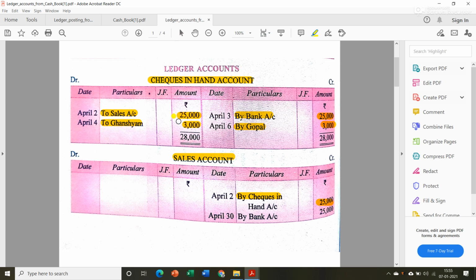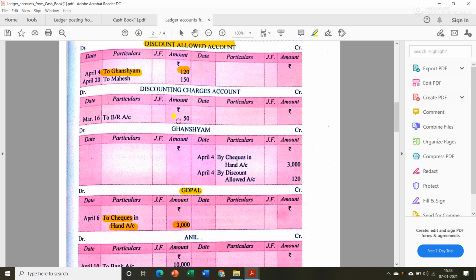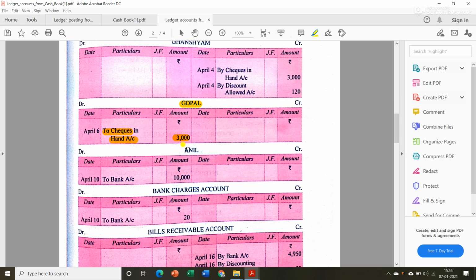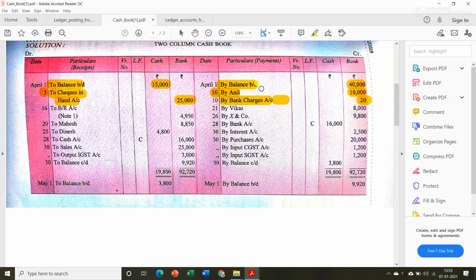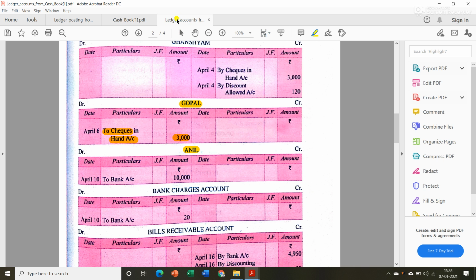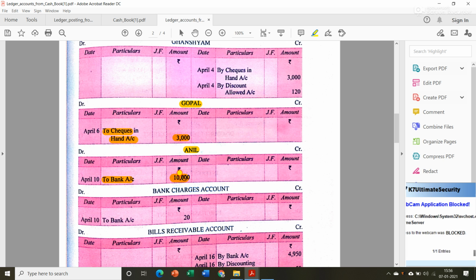Now let us see the Anil account. Since the transaction is appearing on the credit side, in the Anil account we will record it on the debit side as to bank account, because we wrote the amount in the bank column, so we will write to bank account rupees 10,000.